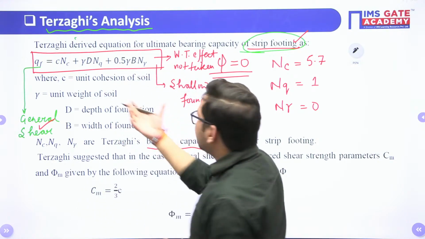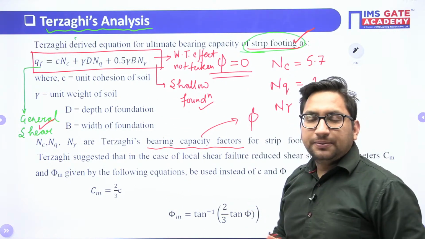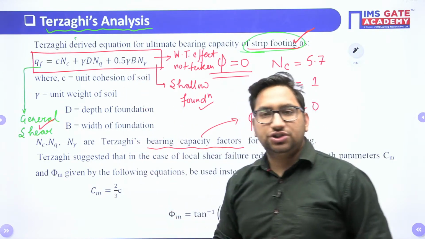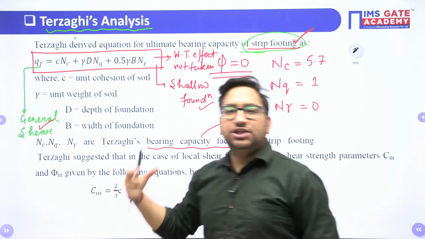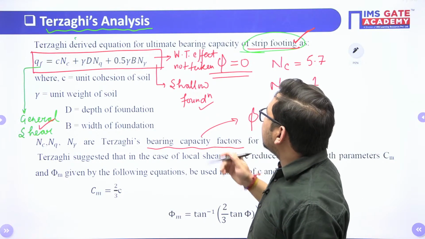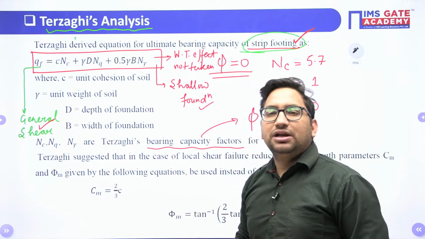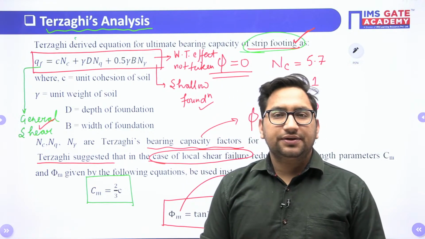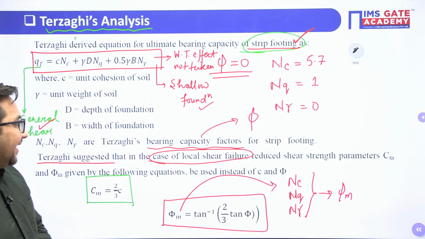So whenever these conditions change, whenever the strip footing changes to square, circular or rectangular footing, this formula will also change. When general shear failure changes to local shear failure, again this formula will change. And if there is an effect of water table, the formula will change too. Right? Let me know up to this point if there is any doubt.